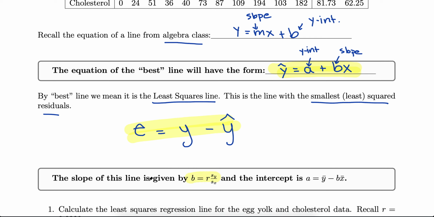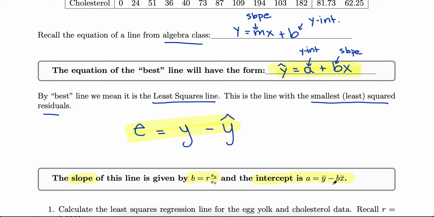If we take the derivative, set it equal to 0, and so on, we get that the slope is the correlation times the standard deviation of the y's over the standard deviation of the x's. The intercept, a, is the mean of the y's minus b, the slope we calculated, times the mean of the x's. So make sure you always calculate the slope, b, first, because you need it to find the intercept.